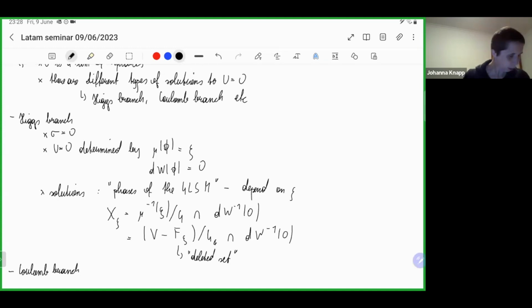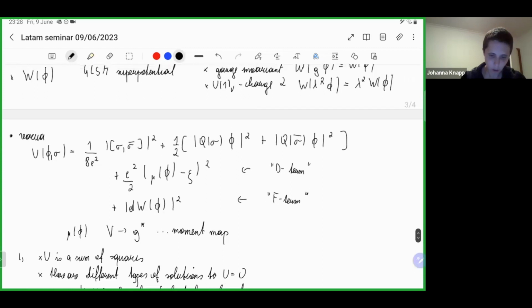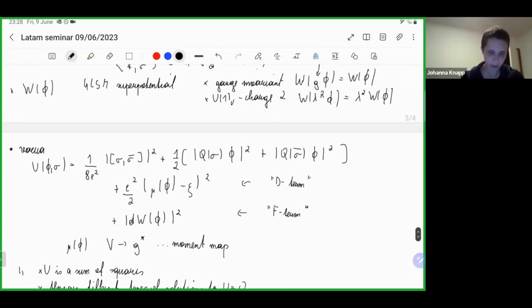So similarly, we can go back to our complicated object and think about setting all the phi's to 0. And that actually does a lot. So you see from the second term here, that also means that classically you will have to set the zeta parameter to 0 because this mu of phi will typically not contain a constant term.